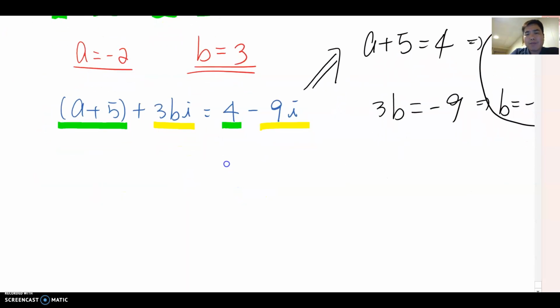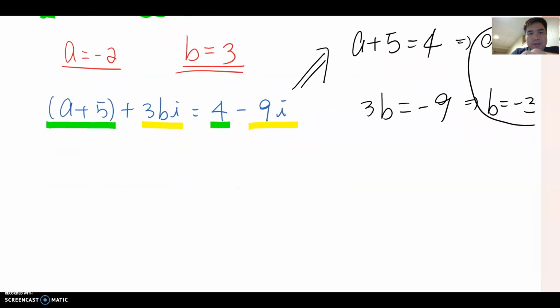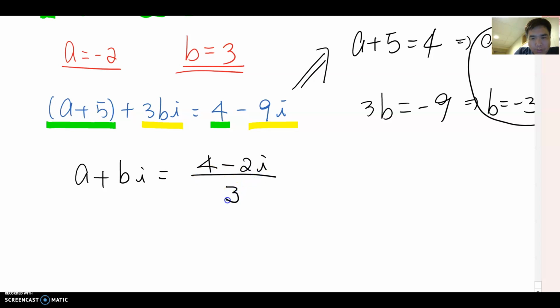So what if we have a fraction involved, such as a plus bi equal to 4 minus 2i over 3? In this case, we need to separate the real term and the imaginary number term. So you know the heart rule, right?